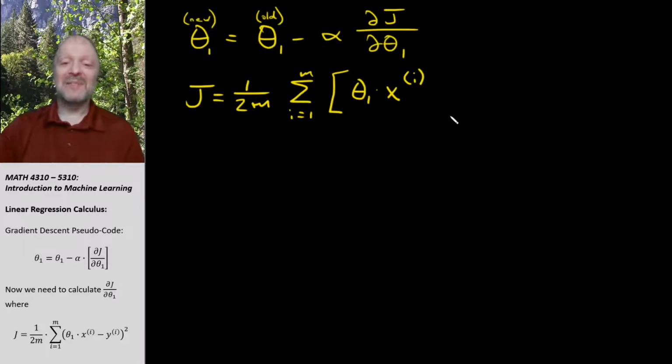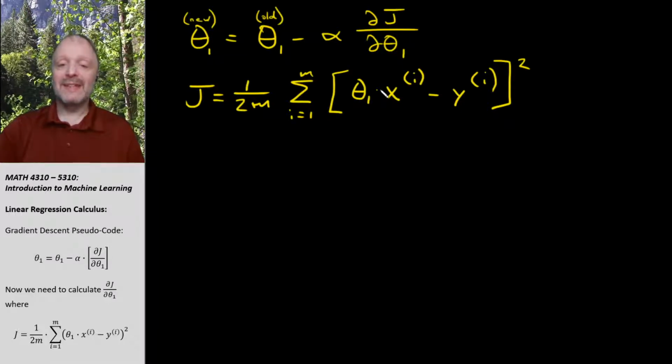I'm used to saying sub in mathematics. So the x sub i, the ith term, and then minus y sub i, and then all of that quantity squared. So we have our guess.